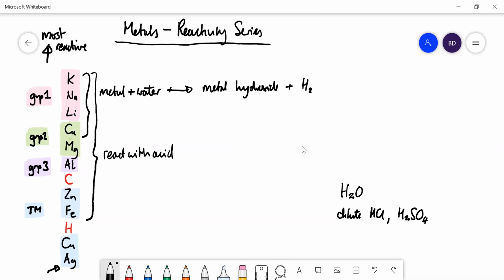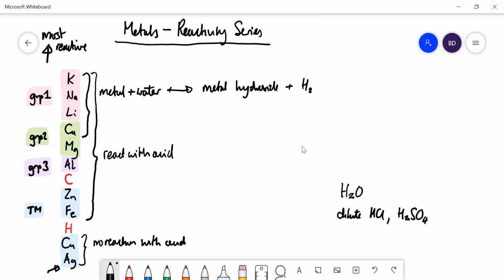Whereas anything below hydrogen in the reactivity series, and of course hydrogen is in acids, we'll come to that later, so that really means copper and silver and gold, these will not react with acids. So that's how we rank them in order.